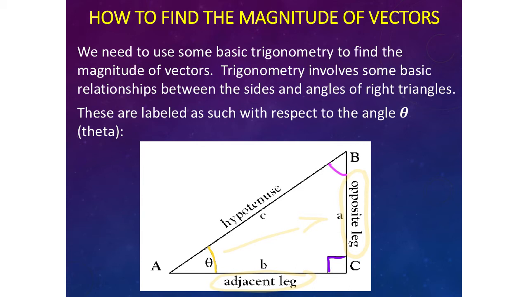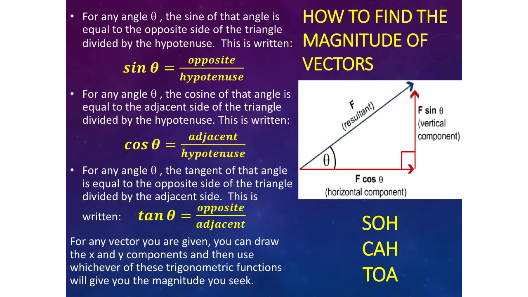That's going to be your opposite side. And which side is part of the angle, makes the angle, that's your adjacent side. All right, now once we know those parts of the right triangle, then we can use basic trigonometry to find the magnitude of the different sides.